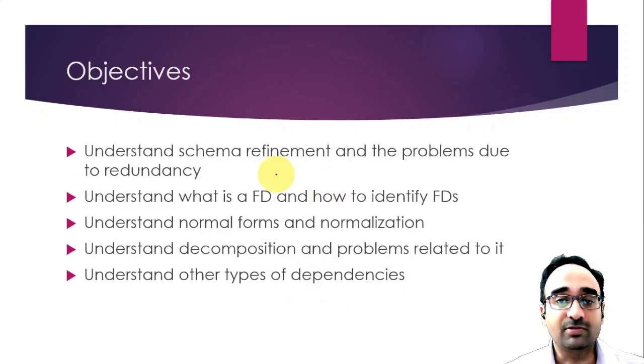So these are the objectives of this module 4. First objective is you should be able to understand what is schema refinement and what are the different problems that occur due to redundancy. Second, understand what is a functional dependency and how to identify different functional dependencies.